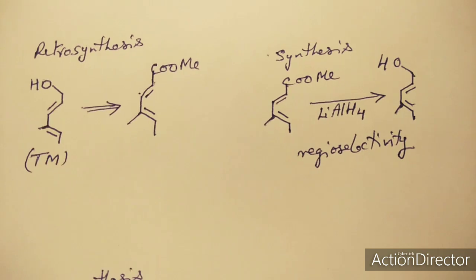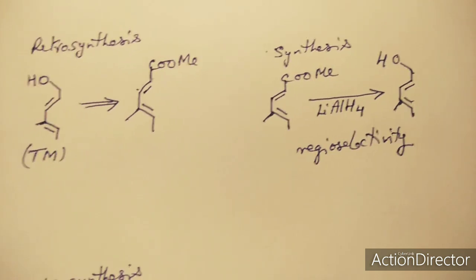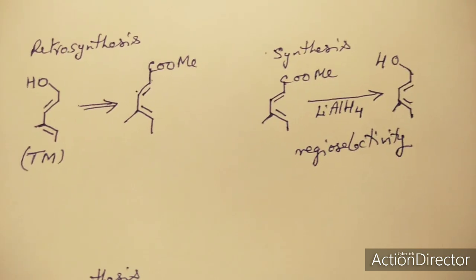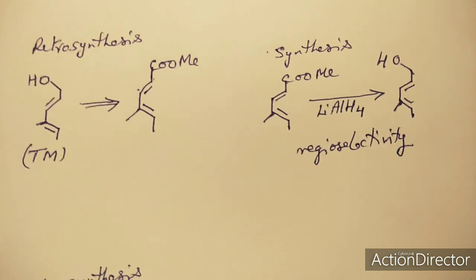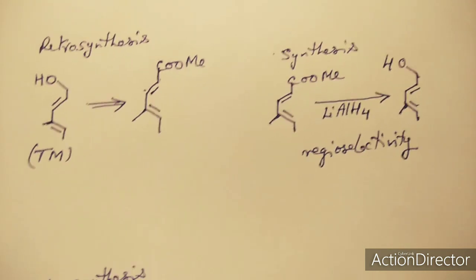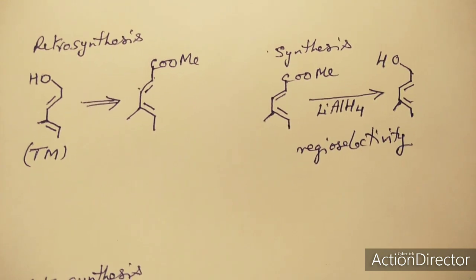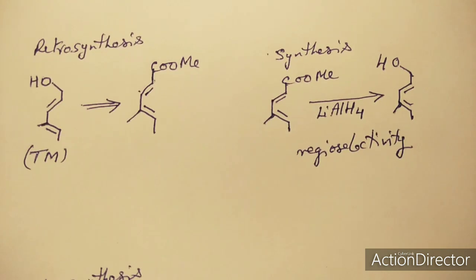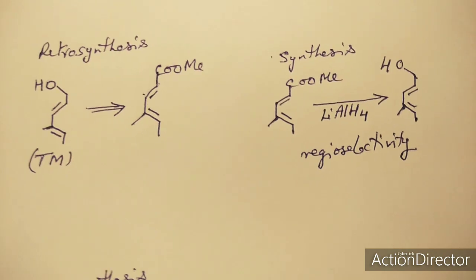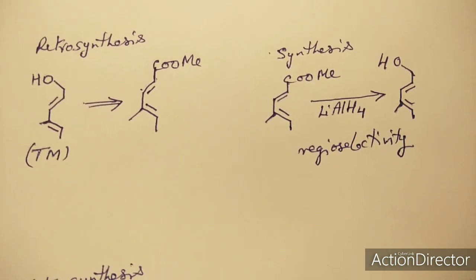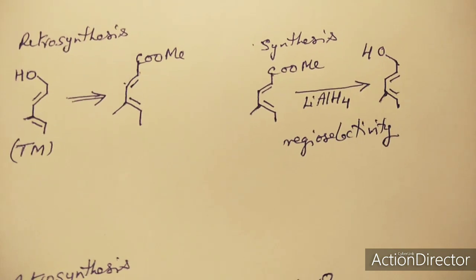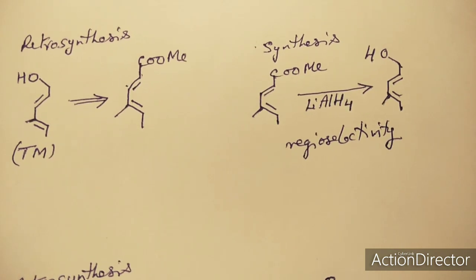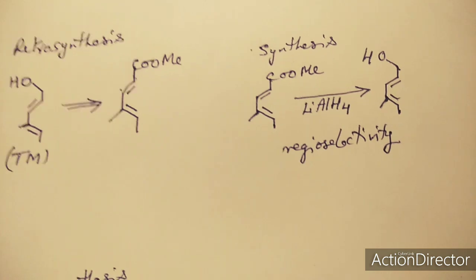As we can see, in this target molecule the CH2OH can be converted into the ester. Why into the ester? Because when we try to synthesize this, we know that the alpha-beta unsaturated esters are directly reduced by using lithium aluminium hydride.